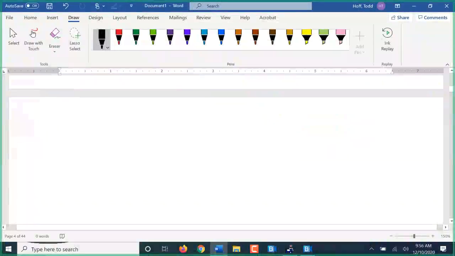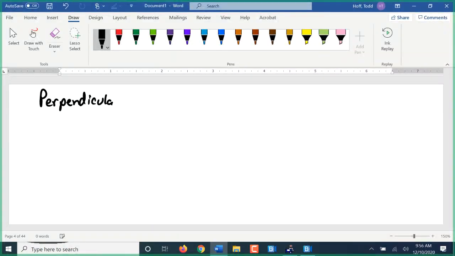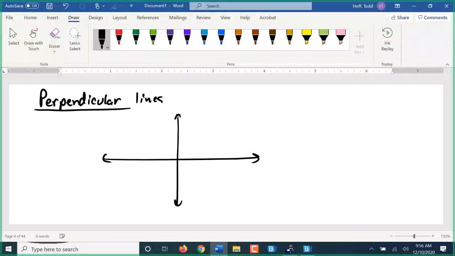We can have a special relationship between two lines called perpendicular. We mentioned the perpendicular pair earlier. Perpendicular lines are intersecting lines that intersect at a right angle.